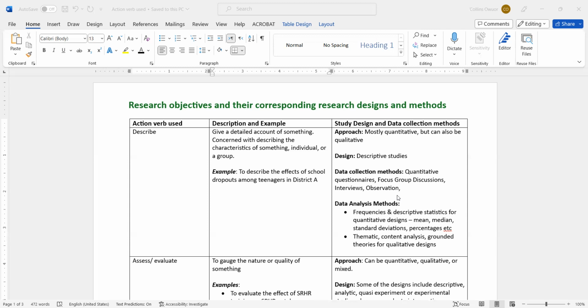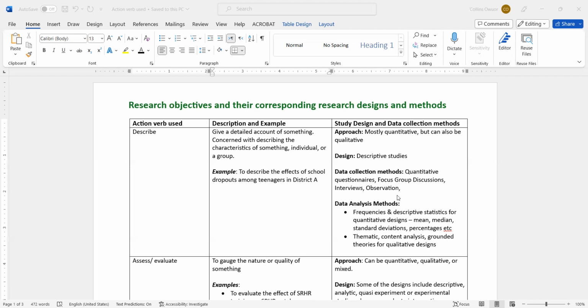So the approach that is mostly used in this is a quantitative approach, but it can also be qualitative in nature. So the design is called a descriptive study because our main goal is to describe characteristics of something.